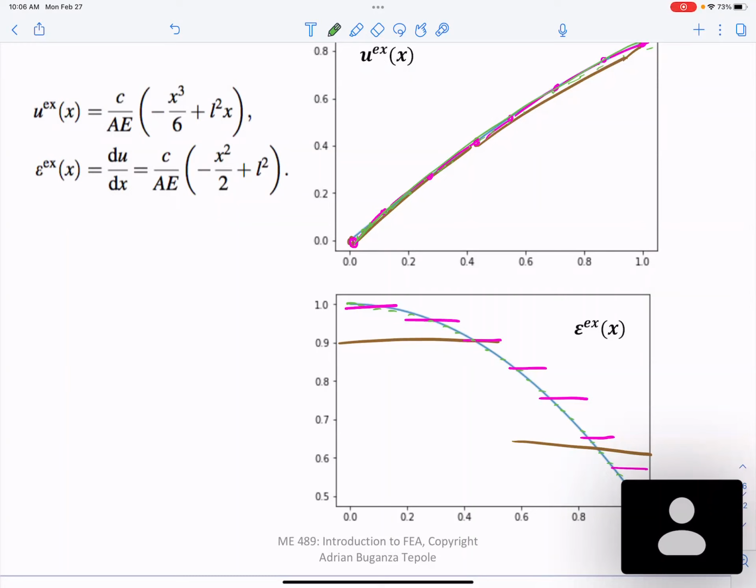Then refine your mesh until the stress in that region changes very little. When that happens, your mesh is fine enough to capture the change of stress in that region, and even if you don't have an exact solution, you know that your finite element mesh is converging to some value.